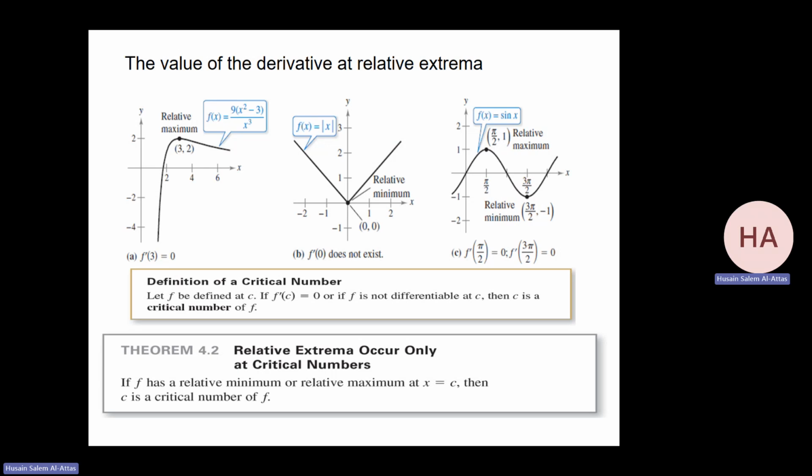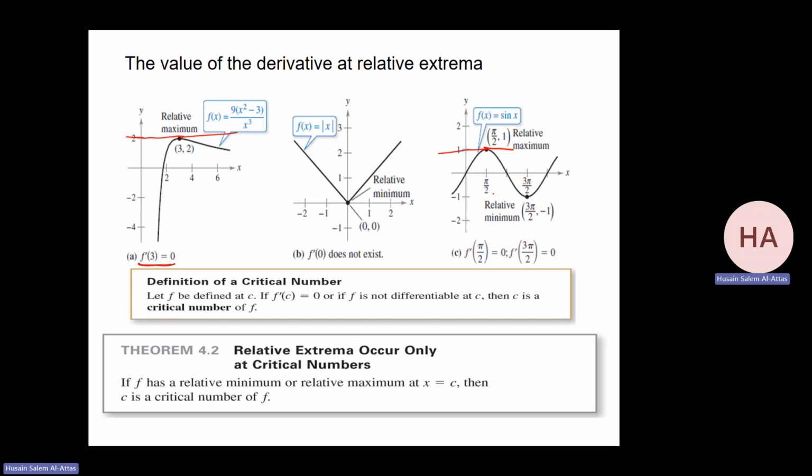Now, if we think about this relative or local maximum or local minimum, we notice one thing. It will happen when I have a horizontal tangent line, when I have f prime equal to 0. This is the same thing here. This is the relative maximum.